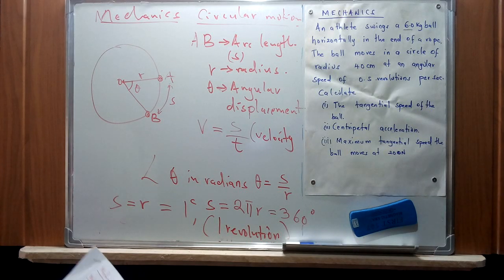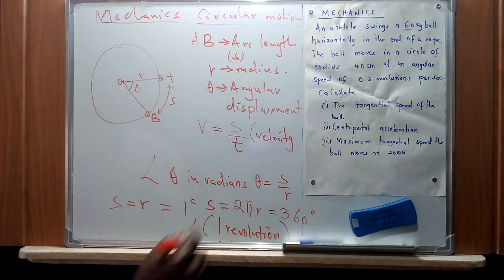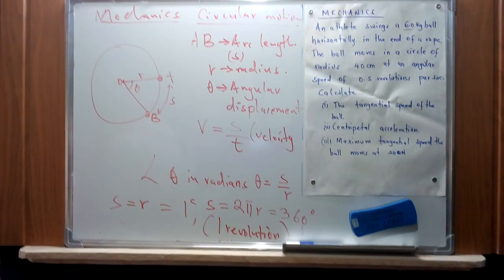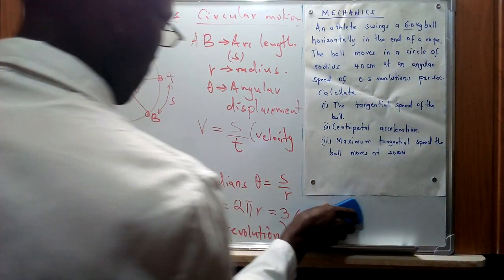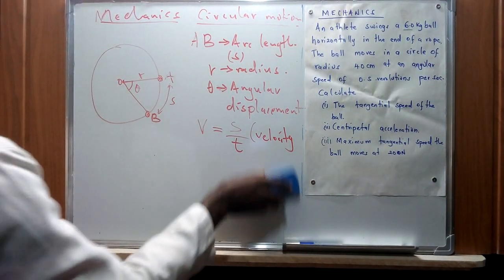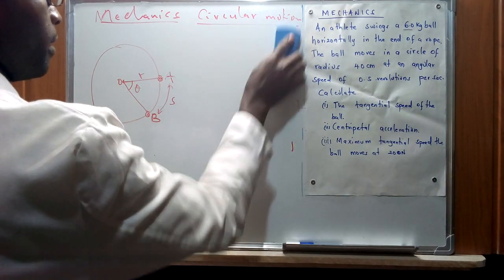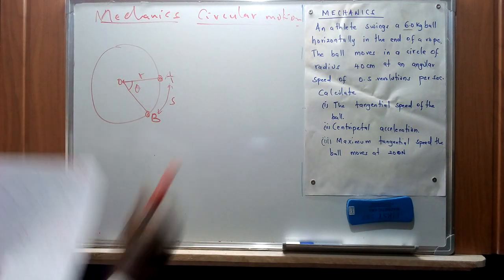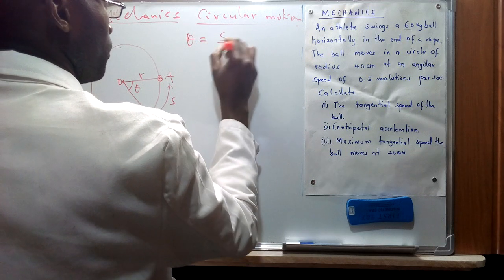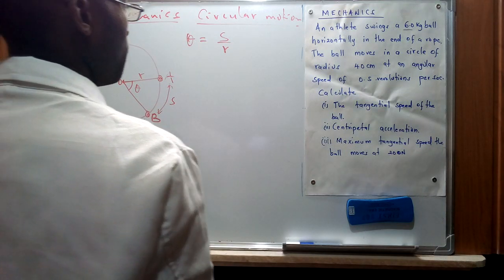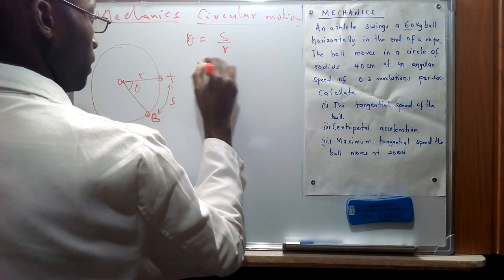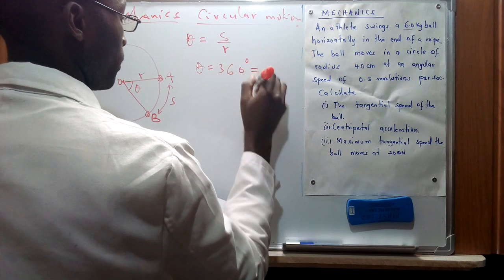So therefore, we can say that, if S over R, or the displacement, is 360 degrees, then theta is given as S over R. We've said that if theta equals 360 degrees, this is equivalent to 2 pi r.